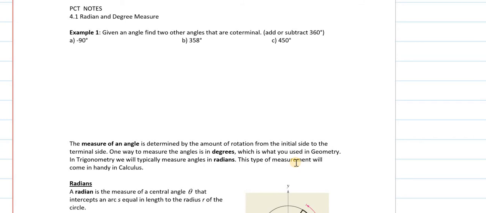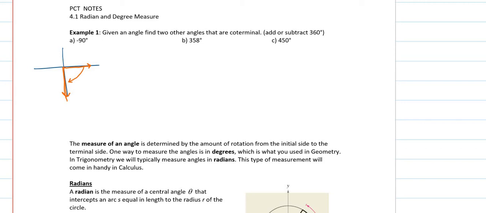So if you think about this first example of negative 90, that means that we started with our initial side here and we went 90 degrees in the clockwise direction. So we need to name two other angles that are coterminal.